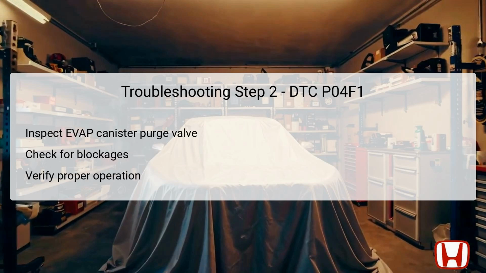The second troubleshooting step focuses on the EVAP canister purge valve itself. First, perform a detailed inspection of the valve for any blockages, corrosion, or physical damage that could prevent it from functioning correctly. It is important to ensure that the valve actuates properly. An improperly functioning valve could obstruct vapor flow and trigger the P04F1 code.